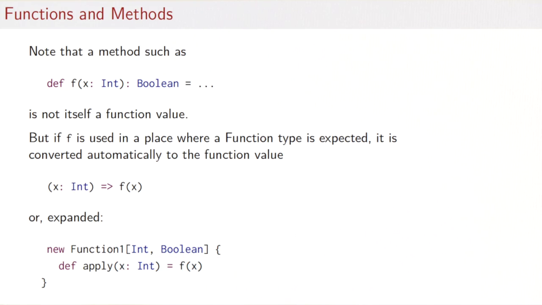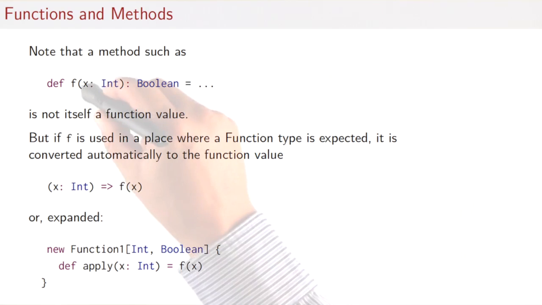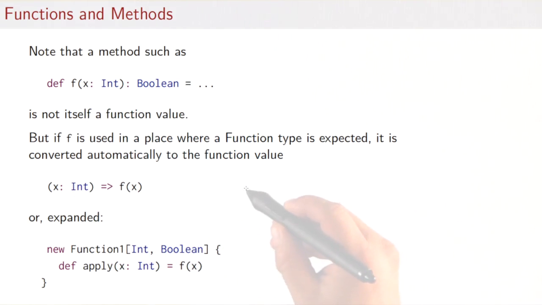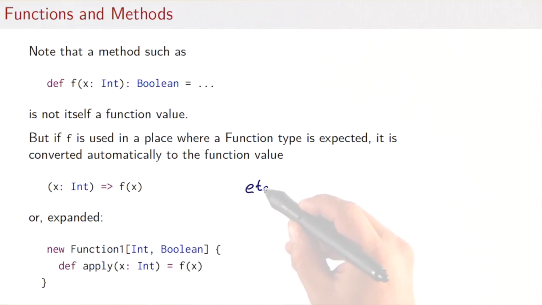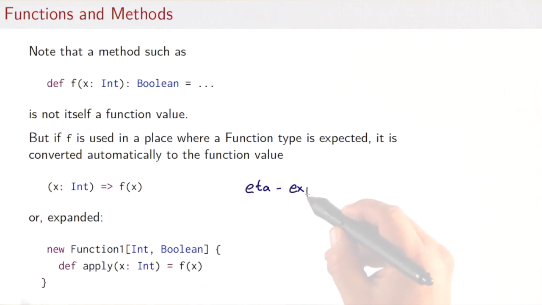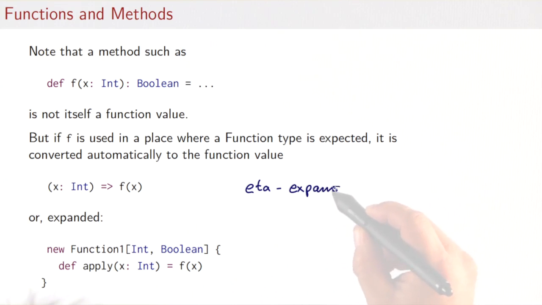That anonymous function value expands to this new anonymous class, new Function1[Int, Boolean] with the apply method. So that's how functions really are treated in Scala. A technical term which you don't need to remember, but I give it for completeness: this transformation that converts the name f to this anonymous function is called, in lambda calculus, eta expansion. So if you sometimes hear the word eta expansion, then you know now what it is.